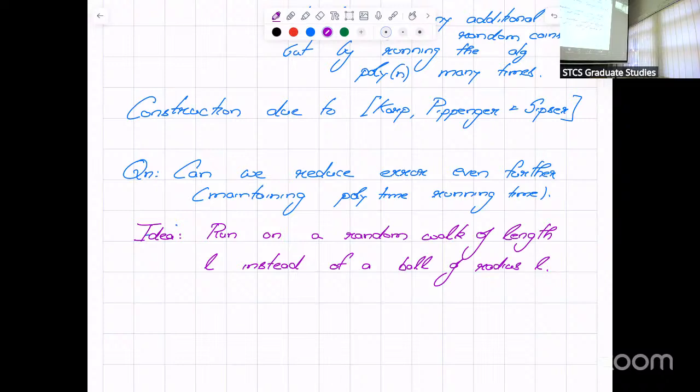In the previous construction, what property of expanders did we use? Vertex expansion: the fact that any set of size at most half expands by a factor kappa, where kappa is larger than 1. Here we'll actually use the stronger property. We'll use spectral expansion to prove this.